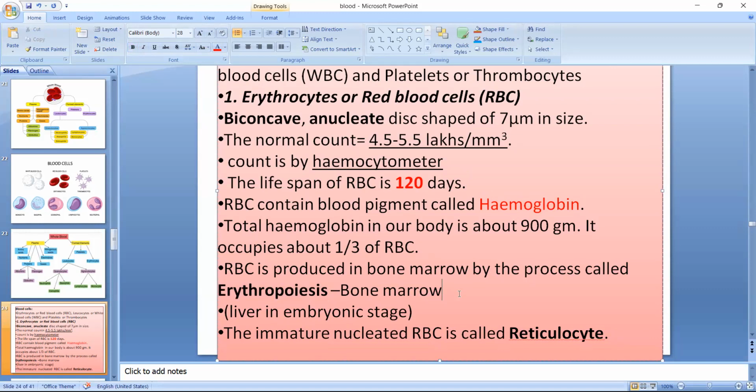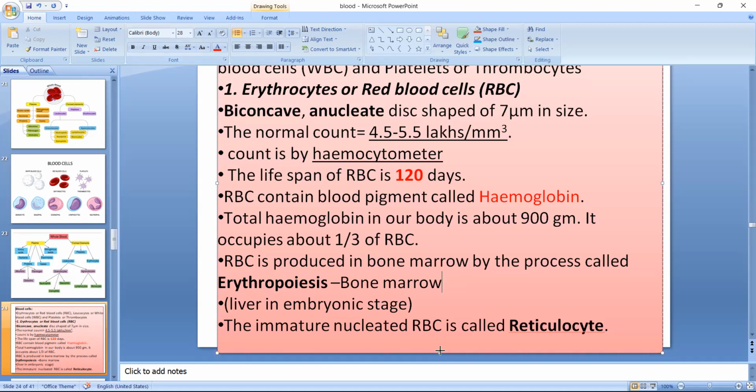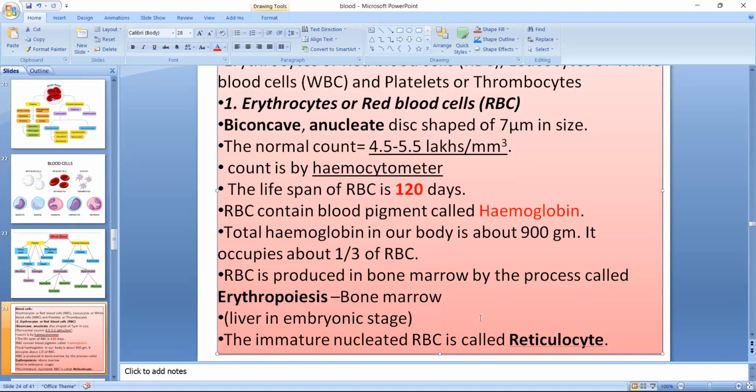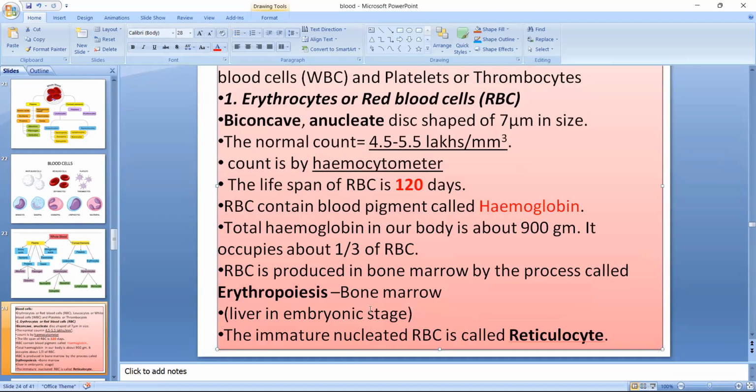In the embryonic stage, liver and spleen; particularly remember the liver. The spleen also contributes to some extent. In the embryonic stage, most blood cells are produced from the liver.